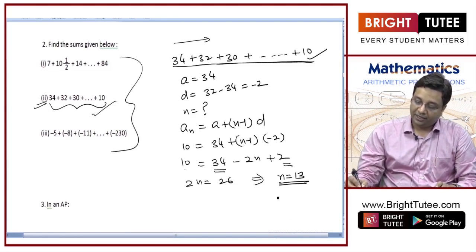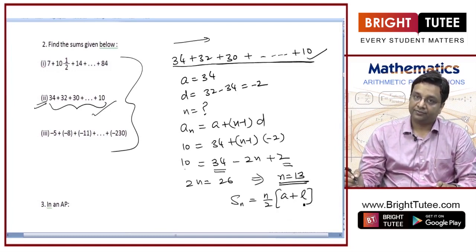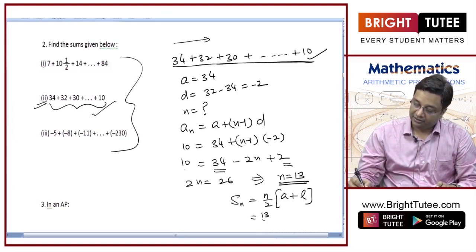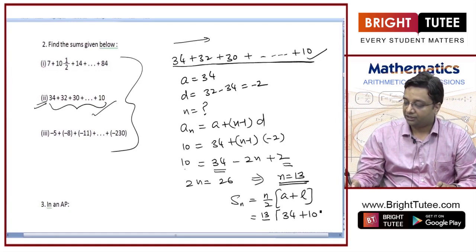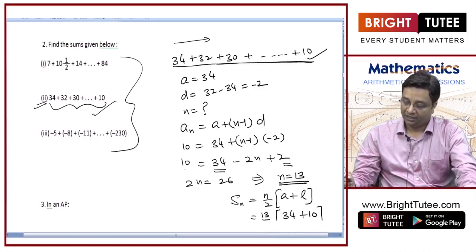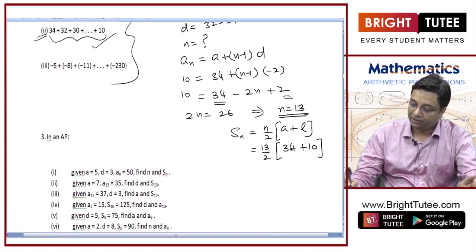So, I can directly apply the formula for the sum of these terms as Sn equal to n by 2 (first term plus last term), right, where n is 13, so 13 by 2, the first term is 34, and what is the last term? The last term is 10, right. 34 plus 10 is 44, 44 by 2 is 22.